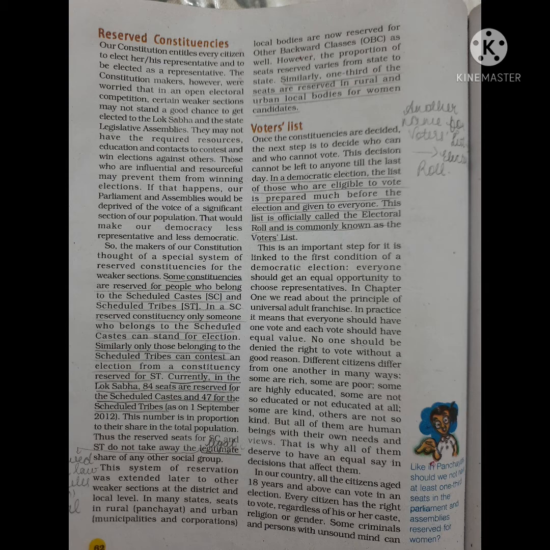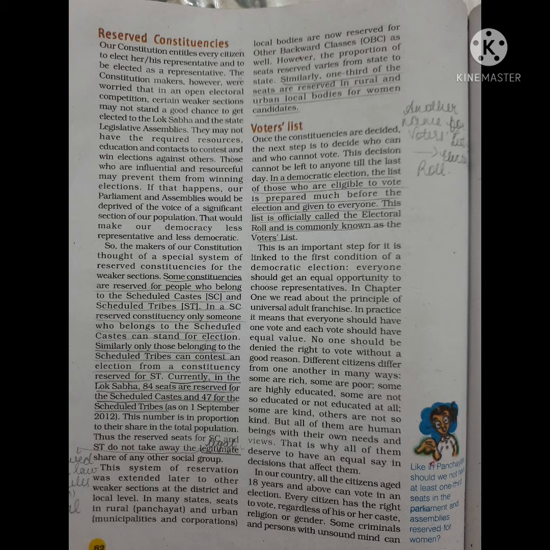Every citizen has the right to vote regardless of his or her caste, religion, or gender. For voting, the voters have to show proof of identity such as the Election Photo Identity Card, we call it EPIC, ration card, or nowadays we have Aadhaar card also. All this needs to be shown.